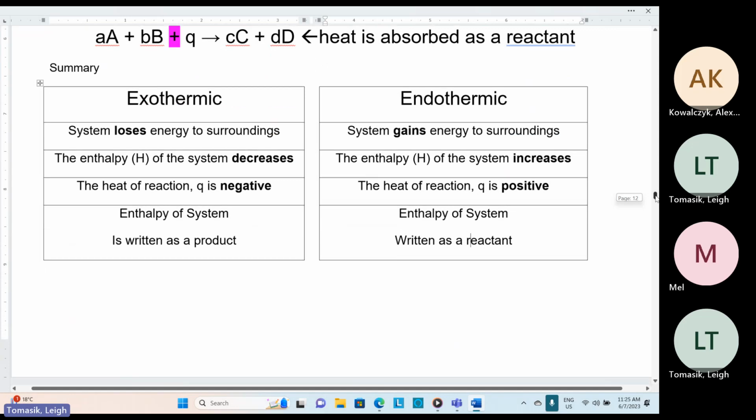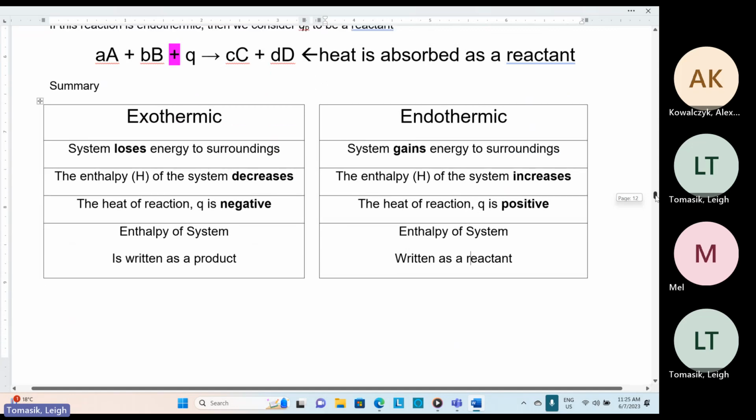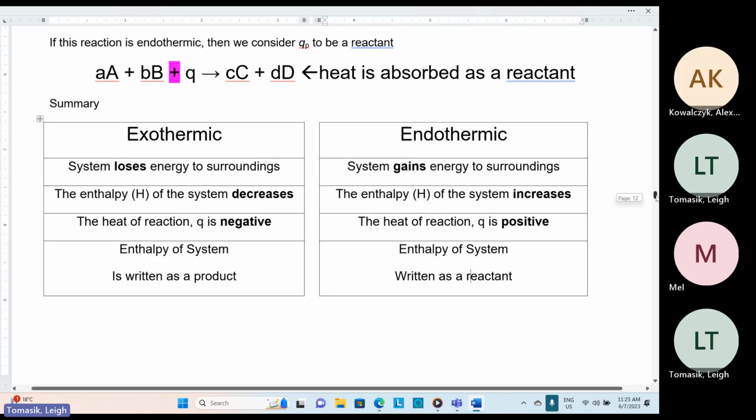On the next page, we're going to take a look at the graphs, what an exothermic graph looks like compared to an endothermic graph, right? And this is why I should have taught rates of reaction after this, because it's going to look very familiar to you.